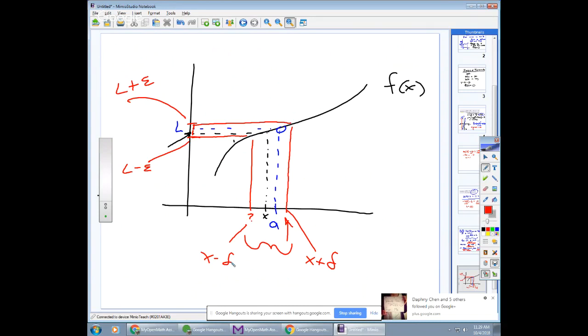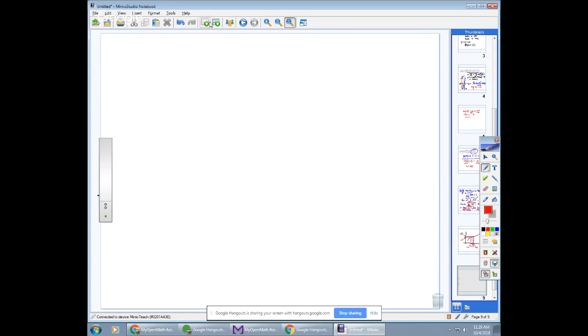So a note on the absolute value inequalities I drew a minute ago. Hopefully you remember this from a previous math class, but if you don't, I'm going to show you now. So the physical interpretation of that is, what did I say the whole left side of this is supposed to mean?